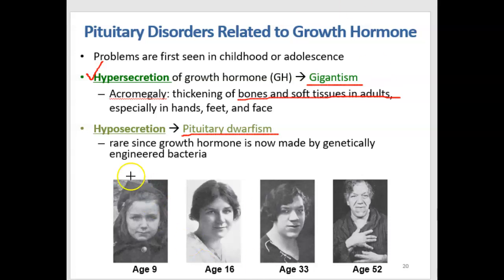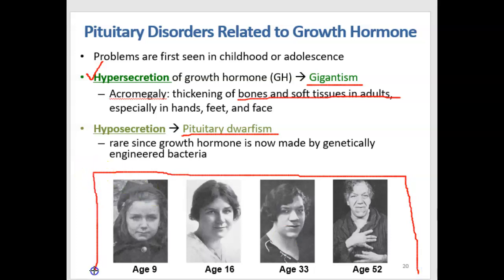And this is a picture of a woman with hypersecretion of growth hormone, maybe due to a pituitary tumor, too many cells. At age 9, I think her facial features and bone structure look pretty normal, and even by age 16 it's difficult to tell that there's a problem.